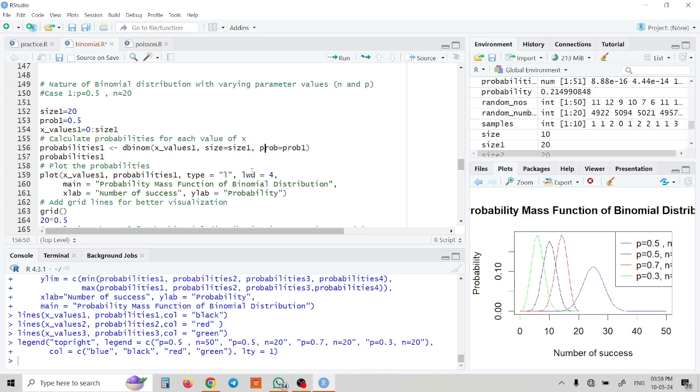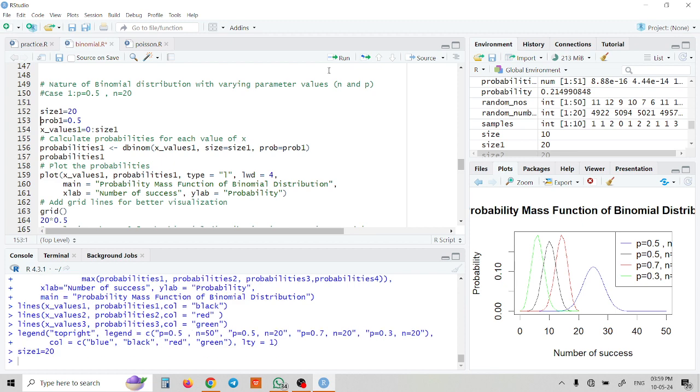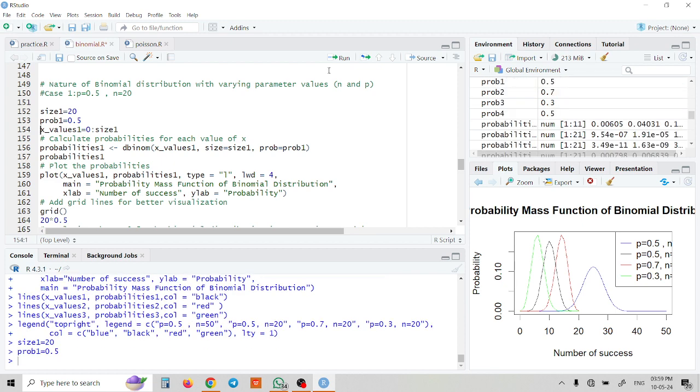Okay, so first case is the number of trials is 20 and the probability of success is 0.5, that is, there are equal chances of getting success and failure in all the trials. Okay, so we are assigning this to size1 and prob1, and the values of x, that is x values 1.